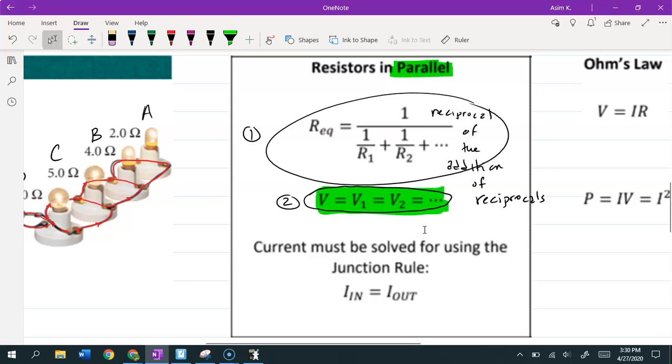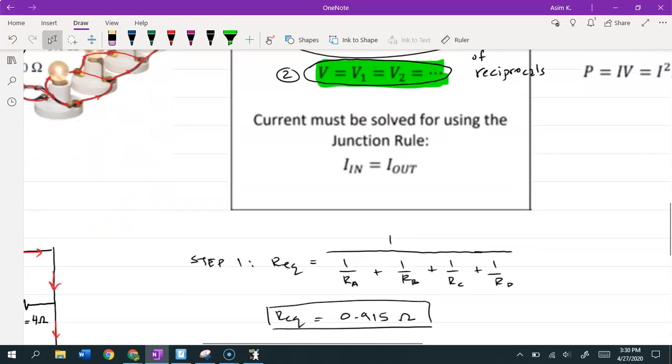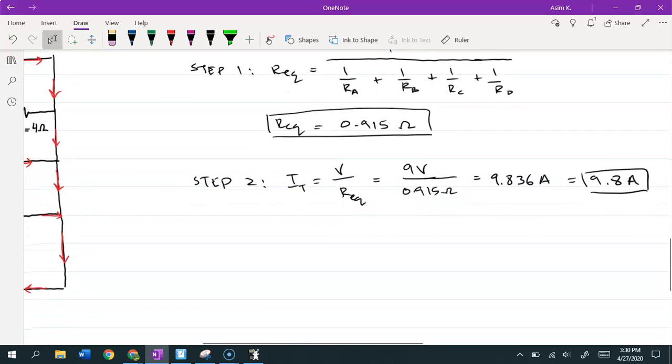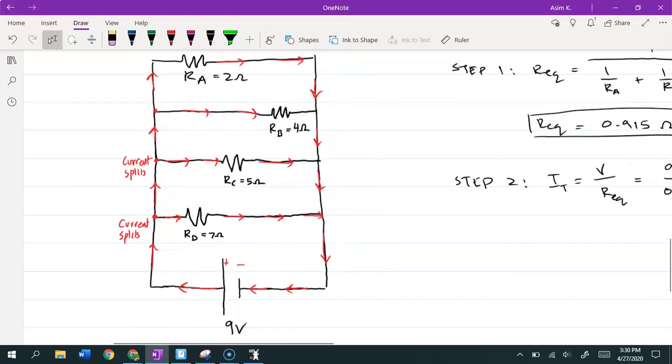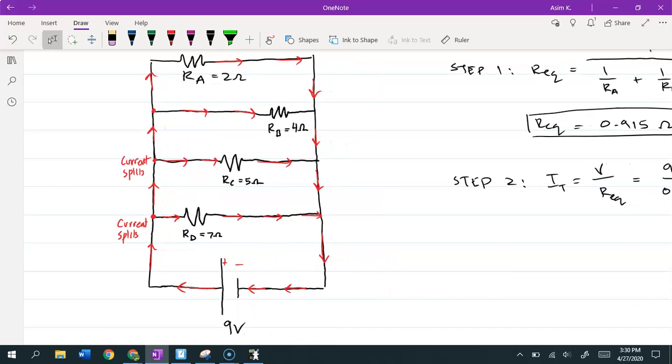So what we're going to do is we're going to go to every single one of these, and we're going to mark down how much voltage is going through them. Now, if there's a 9-volt battery, and we're saying that the voltage that runs through them is exactly the same, so what we're really trying to imply here is the following.